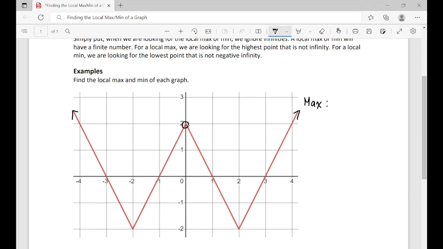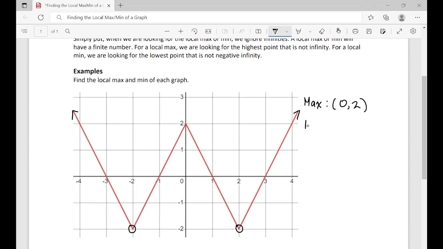So what is this ordered pair? This ordered pair is 0, 2. And there's nothing else. So we have just one local max of 0, 2. Now what about the minimum? Well, we see we have two parts of this graph that actually have a bottom. This point here and this point here.